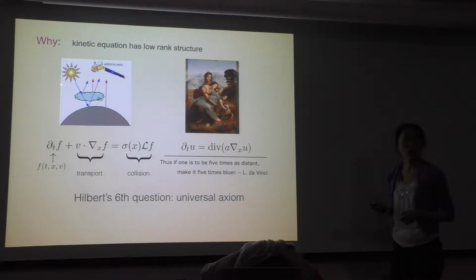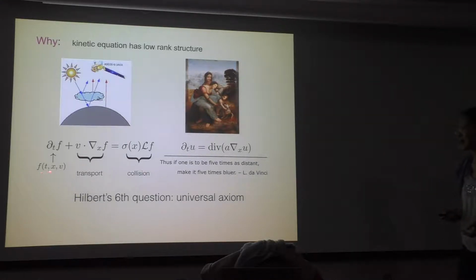So there are two phenomena, propagating or transporting, and collision. F is the distribution function as we claimed before. It tells you at a particular time t, at a particular location x, how many photons are traveling with angle v. This dynamics is controlled by two terms, the transport term and the scattering term by the cloud. So that's one way to describe the propagation of light.